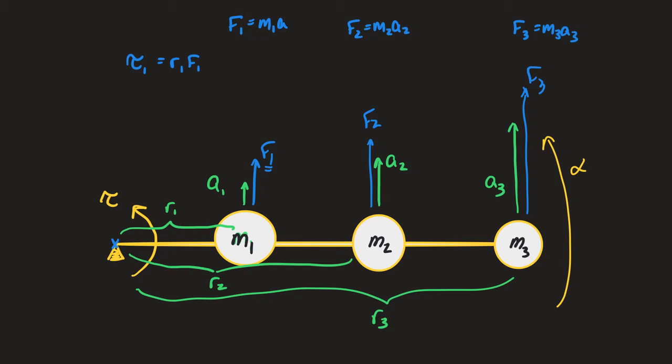In the same way, F2 is experiencing a torque because it is connected by the rod. It's just at a different position on the rod. And of course, F3 is also experiencing a torque because it too is connected by the same rod.